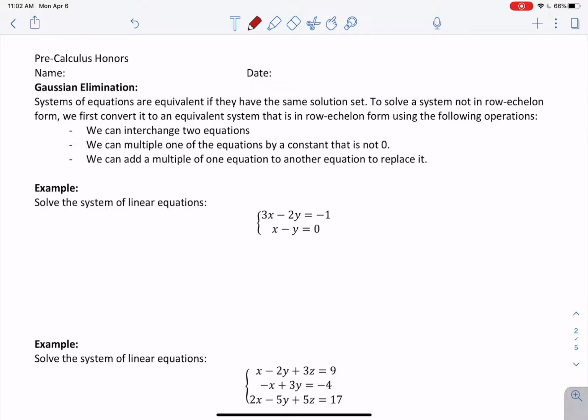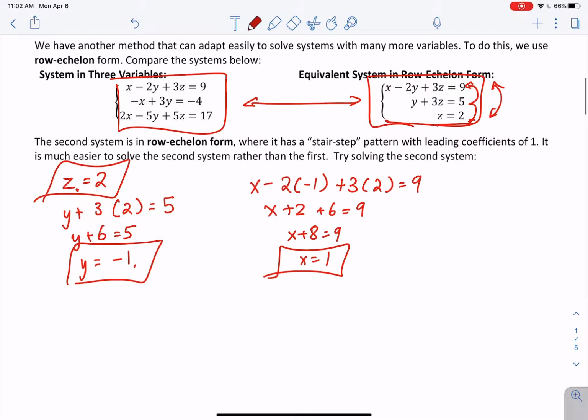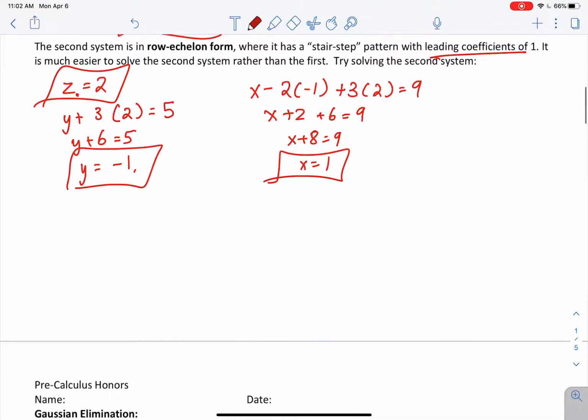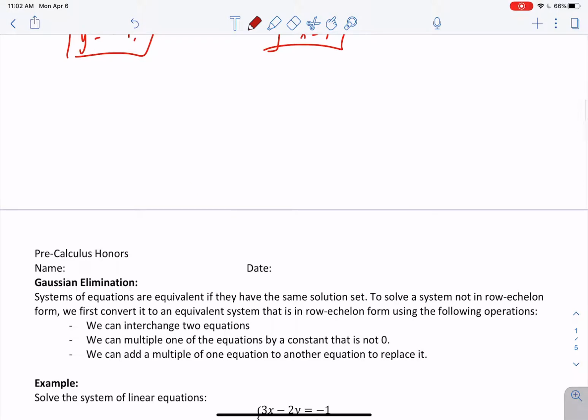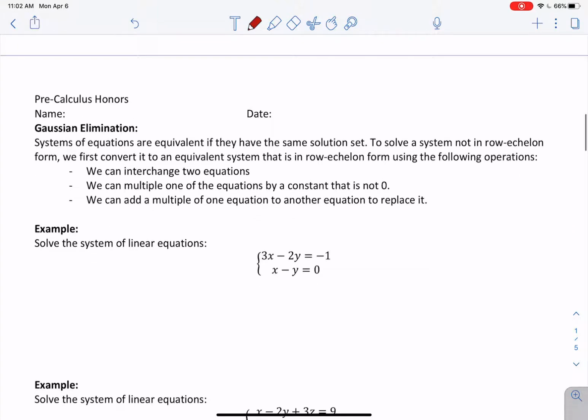Our goal is that we want leading coefficients of 1, and we want every new equation line to have one less variable than the line before it. We can interchange two equations, switching their spots. We can multiply an equation by a constant that's not 0, so we can scale them up and down. And we can add one equation to another equation. Those are the three things we're allowed to do.